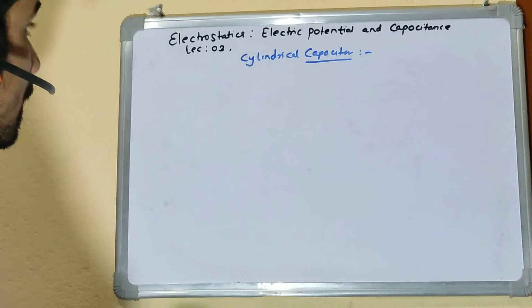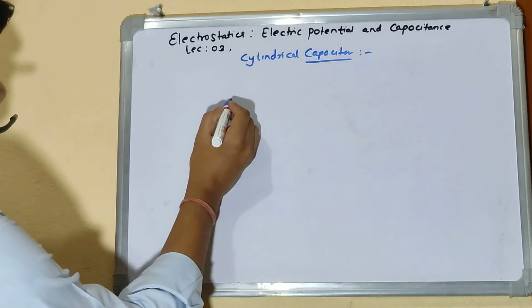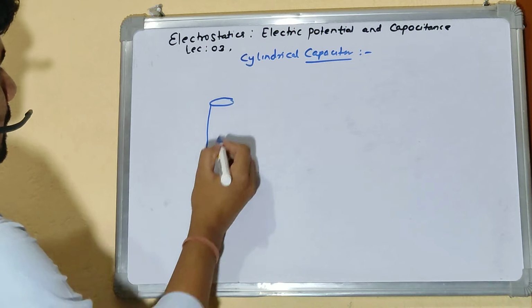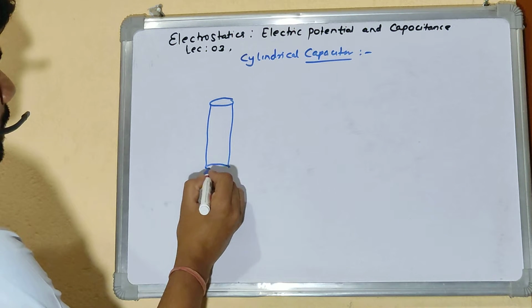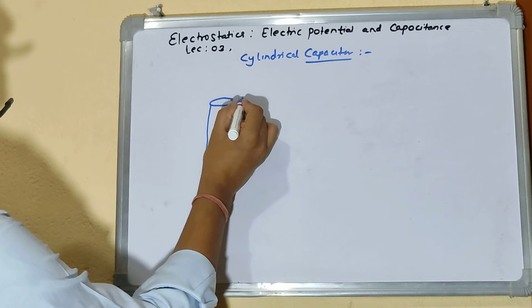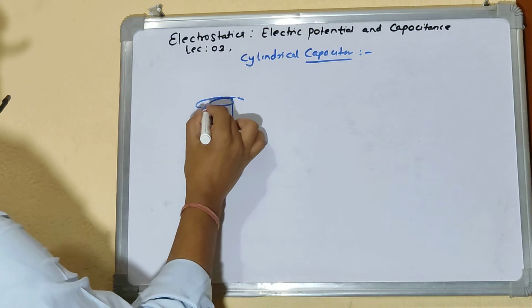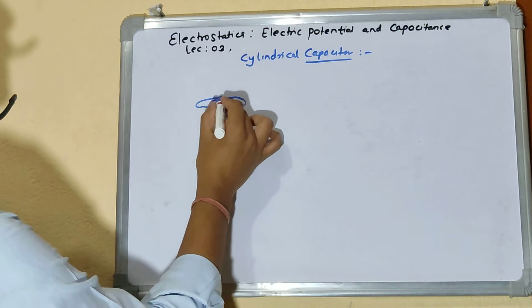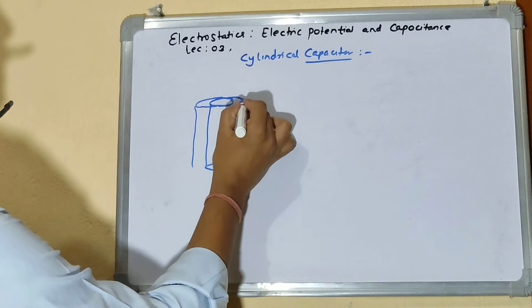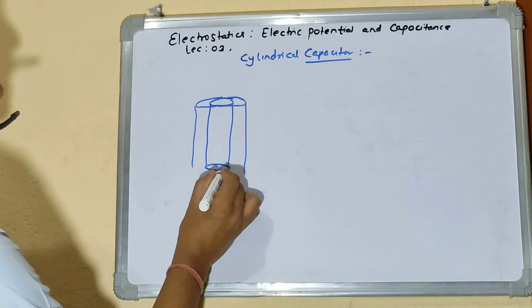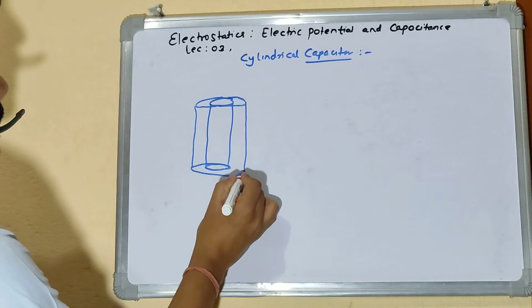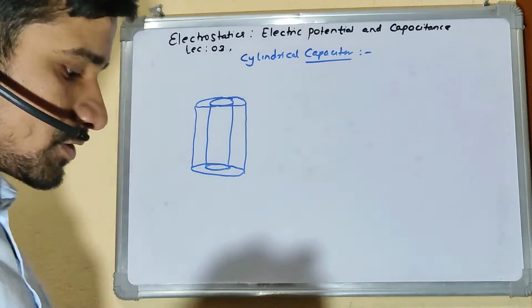So let's say this is a kind of cylindrical capacitor. I have one cylinder placed inside, and on top of this I have one more overlapping cylinder, right? So this is a cylindrical capacitor.